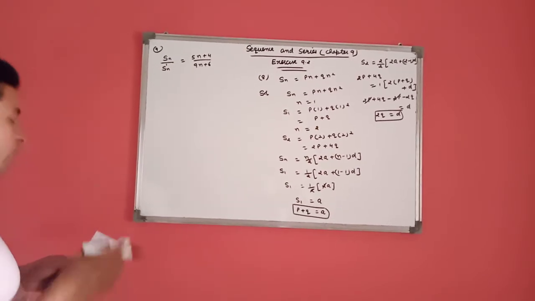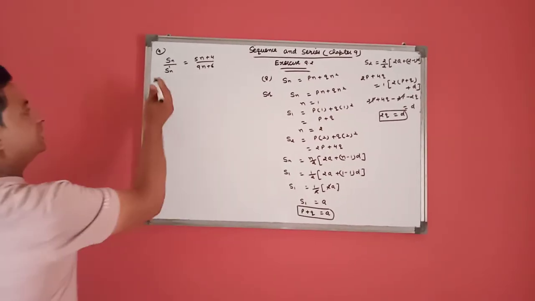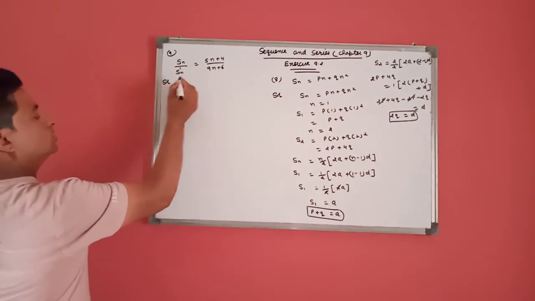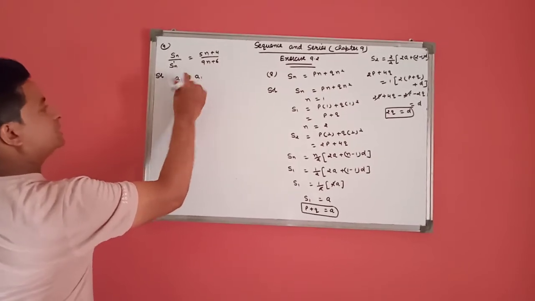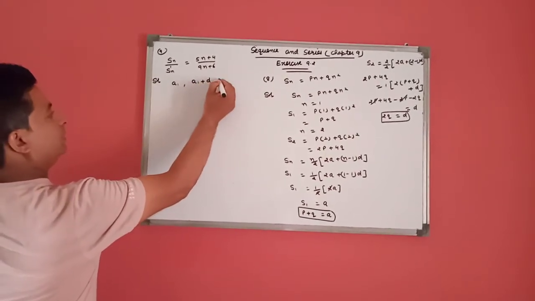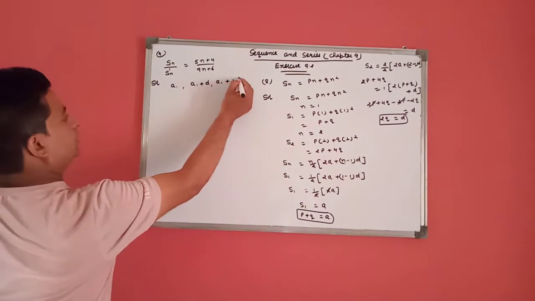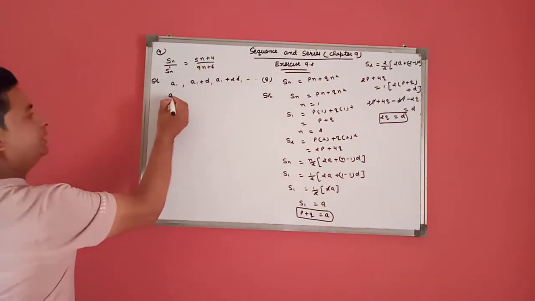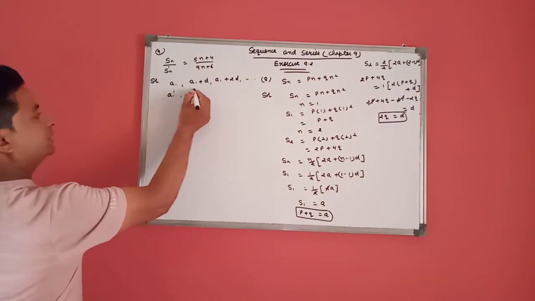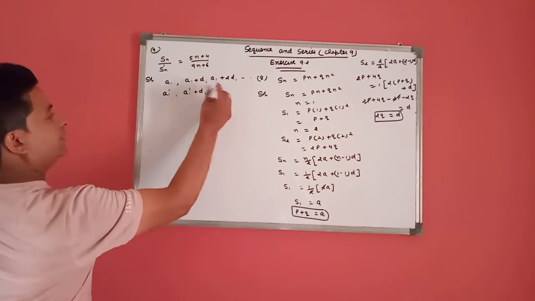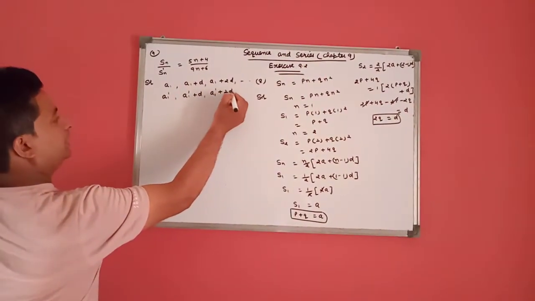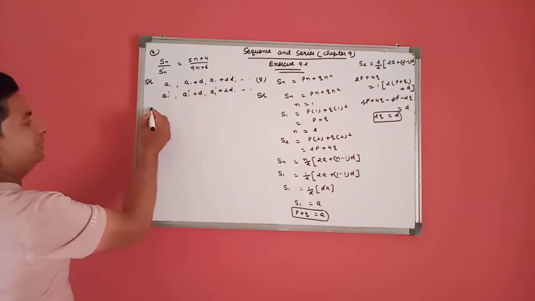We are required to find the ratio of their 18th terms. So let a1, a1 plus d, a1 plus 2d be the first AP, and a1 dash, a1 dash plus d, a1 dash plus 2d be the second AP.